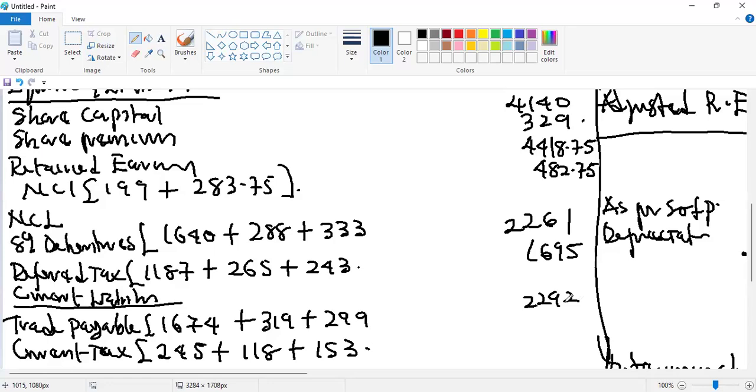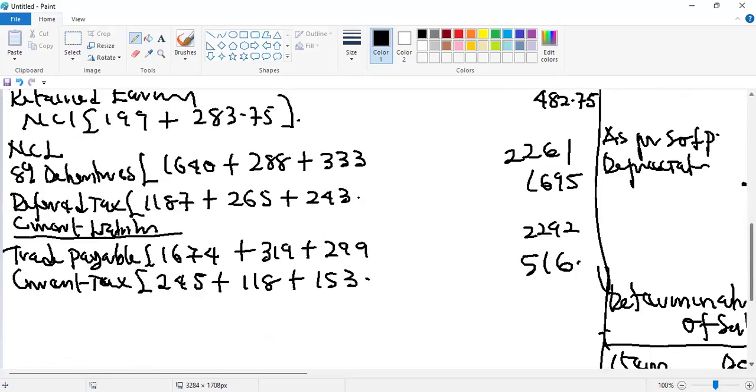Then 245 plus 118 plus 153 is 516. That's all.